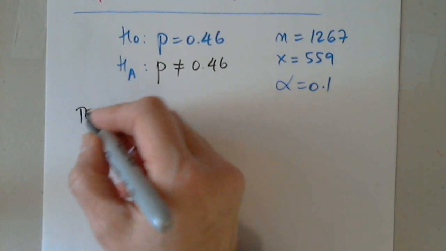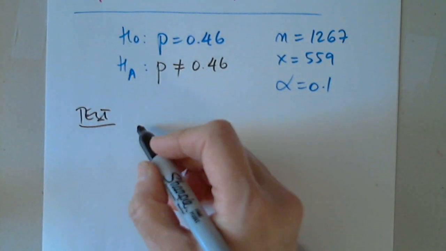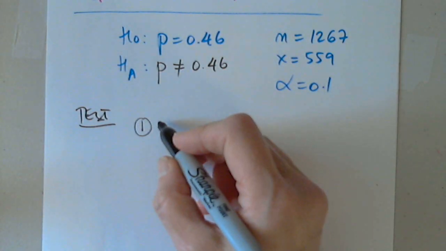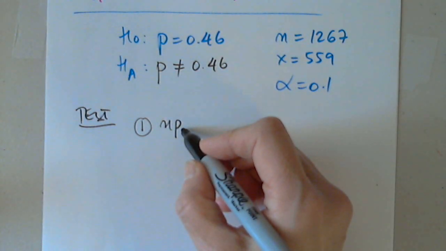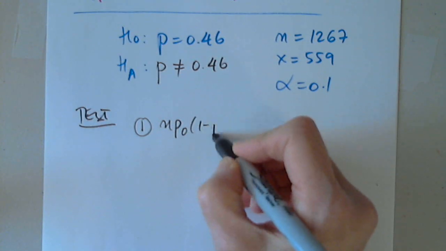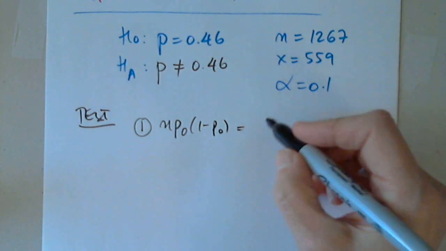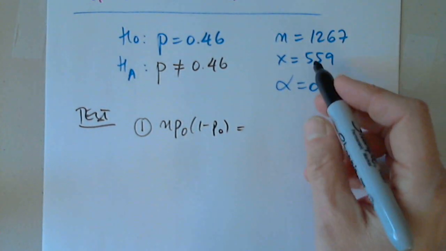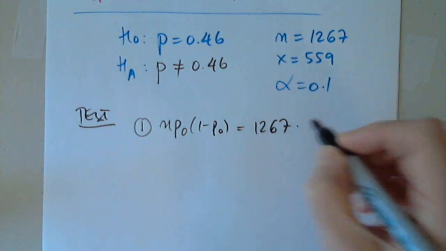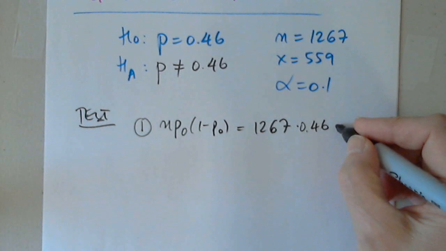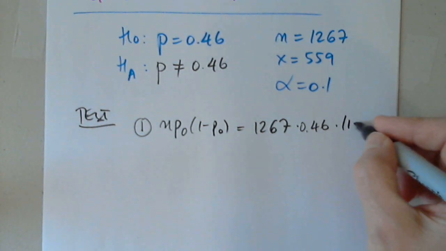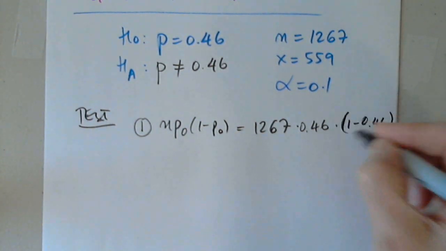Okay, so test or check. Number 1 is n p sub 0 times 1 minus p sub 0, which is 1267 times 0.46 times 1 minus 0.46.